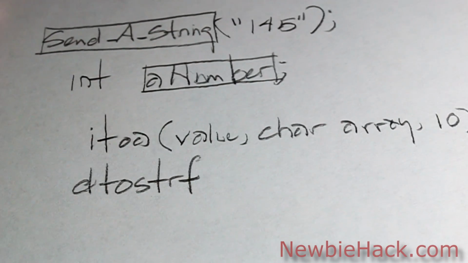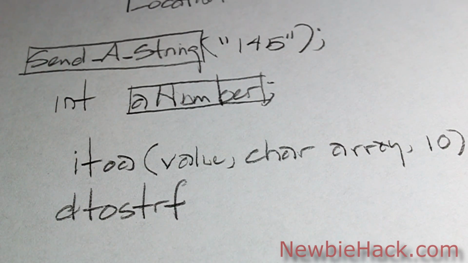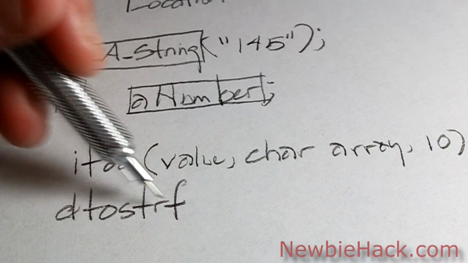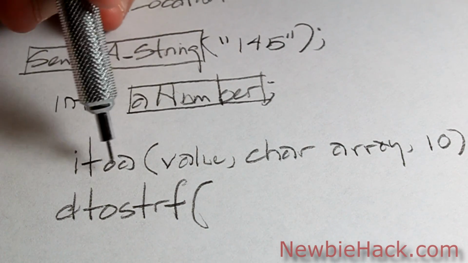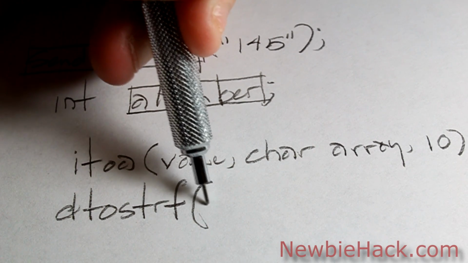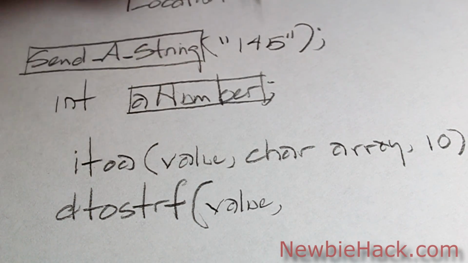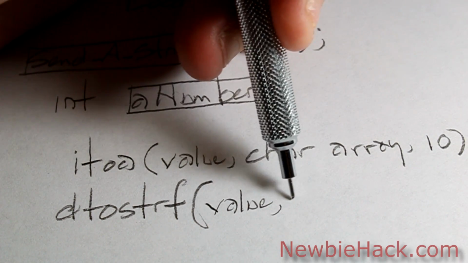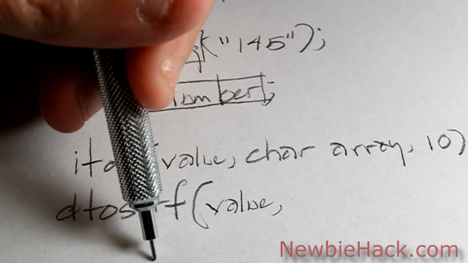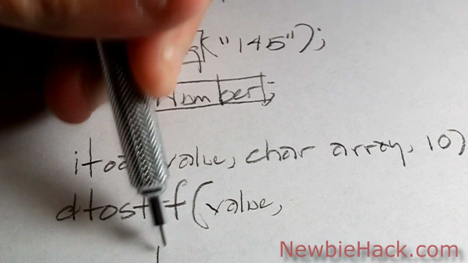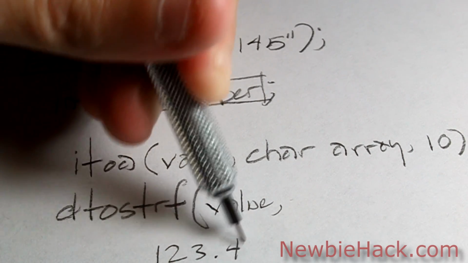The other conversion function is DTOSTRF, which is double to string, and it accepts a few arguments as well. Just like this one, the first argument is value. The next is the width, and this is the width of the entire number. Let's say we have a double number, 123.45.